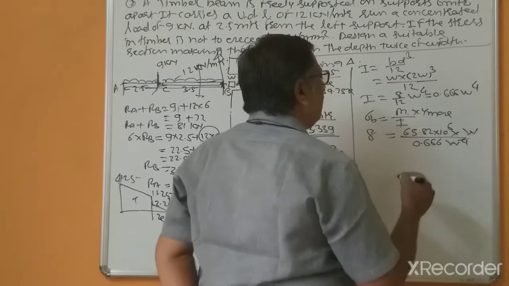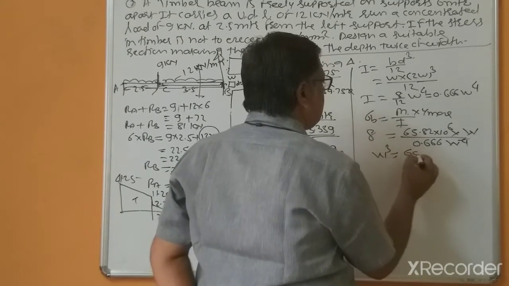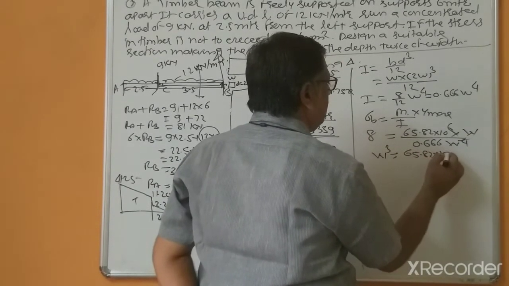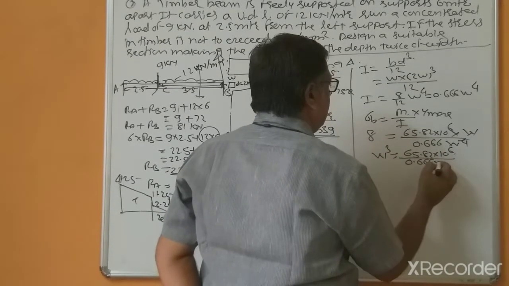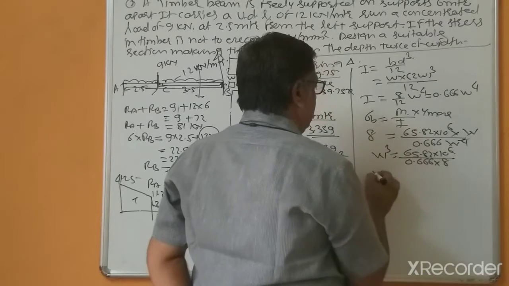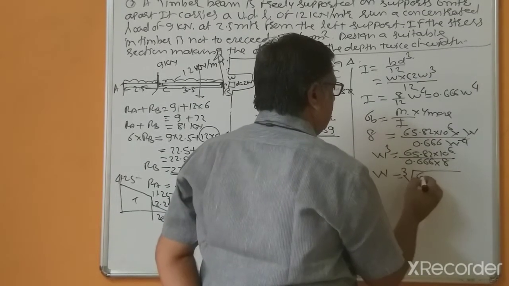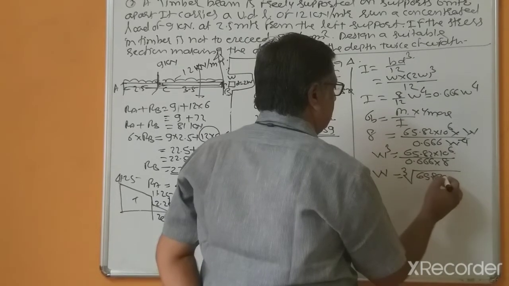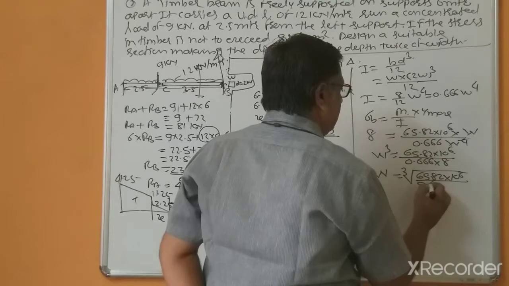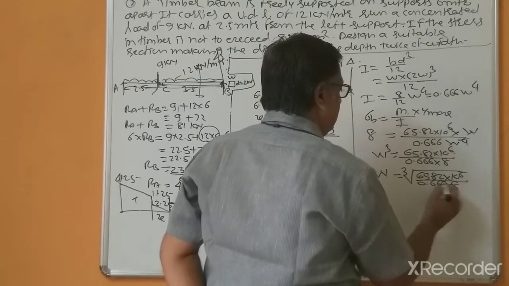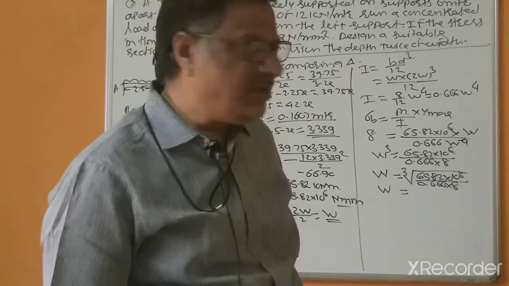Sorry. So this is W cube equal to 65.82 into 10 to the power 6, W cube under root.